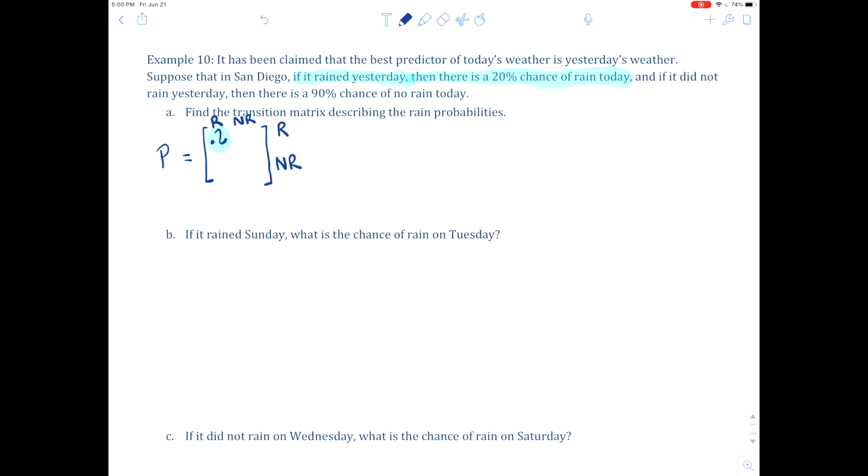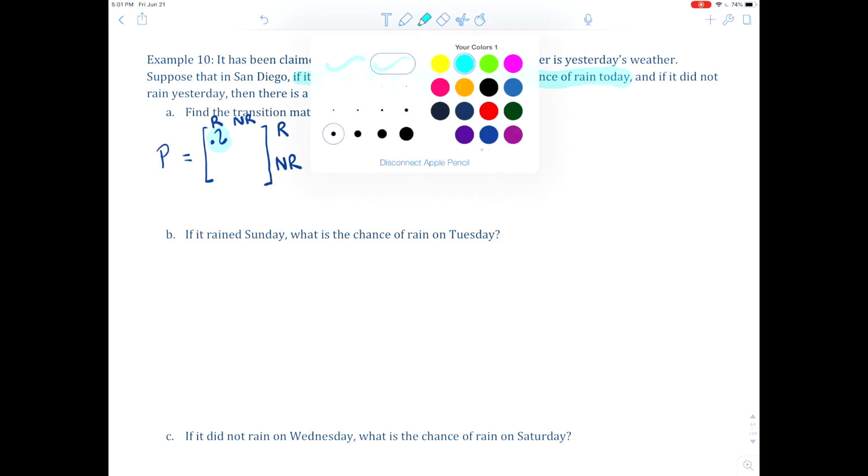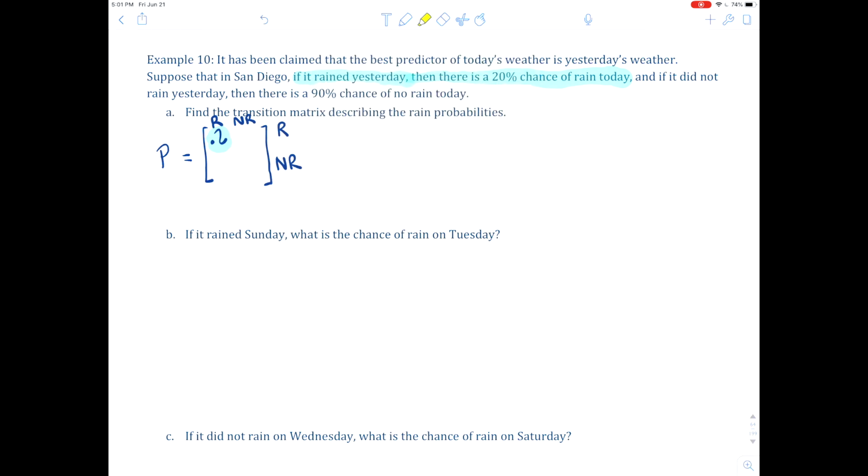So we'd have our 0.2. Cool so far? All right. Let's look at the next one. The next one we have, if it did not rain yesterday, there's a 90% chance of no rain today. So no rain intersect no rain is going to be down here, right? And that one is 0.9.